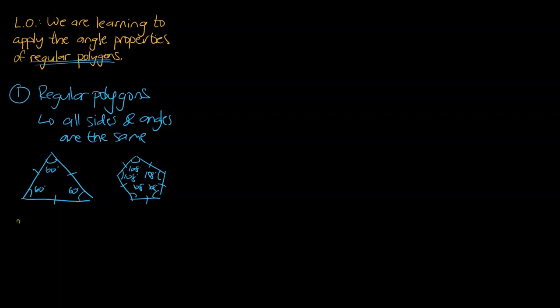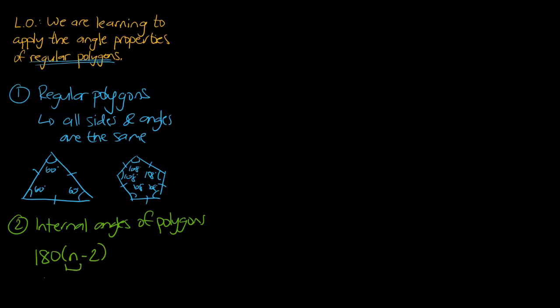We also learned about the internal angles of polygons. Just a reminder from the previous video, that was 180(n minus 2), where n stands for the number of sides that the shape has.